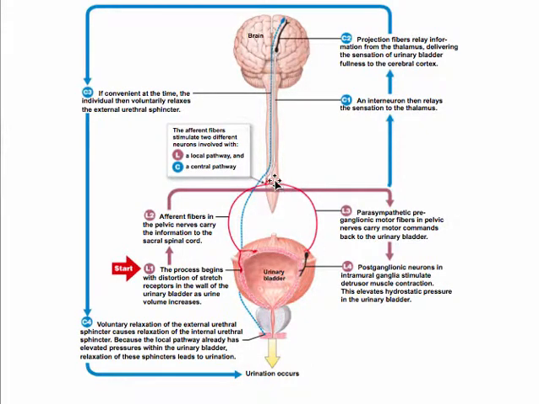At the same time as this signal comes into the spinal cord, messages are relayed up to the brain, up to our cortex. If it's convenient to go to the restroom, then the cortex is going to send signals to open the external urethral sphincter. That's going to open the internal, and then urine will flow.